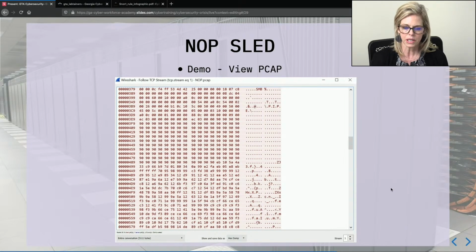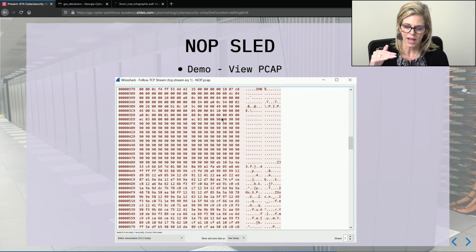Now, you see a picture on here and you're like, what in the world does this picture have to do with what you just said? A NOP SLED is recognized by the hexadecimal representation of 0x90. So if you're looking through all these hexadecimal notations here, we can very quickly see where the NOP SLED starts.